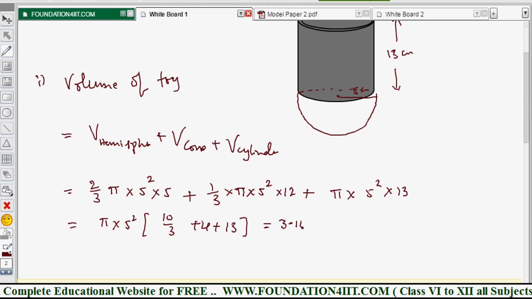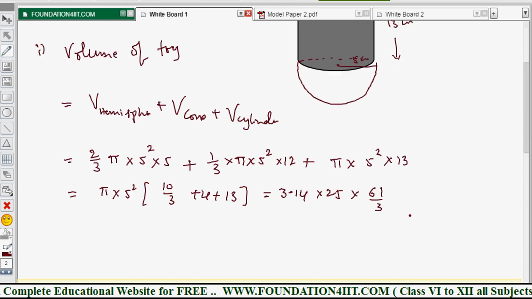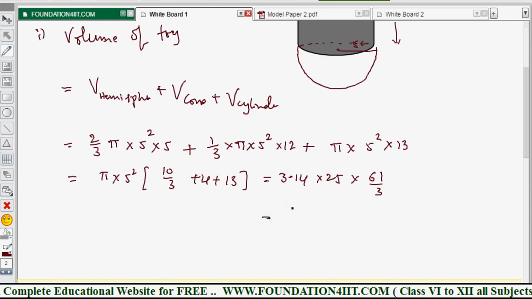This is 3.14 pi value. 5 square is 25 into 61 by 3. Just LCM and cancellation of all these values. Then you get approximately, this is 22 by 7, or 3.14 you can take, into 25 into 61 by 3. Okay, that is 1596.17 cubic centimeters or 1596.62 cubic centimeters approximately.